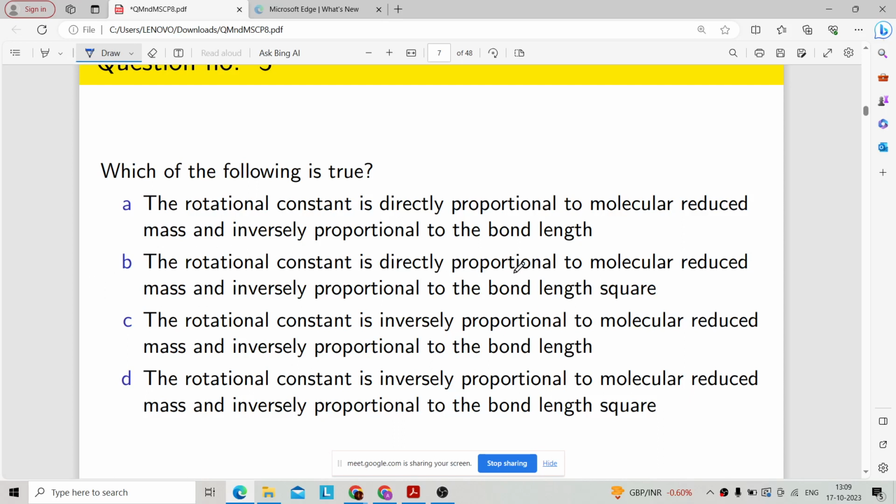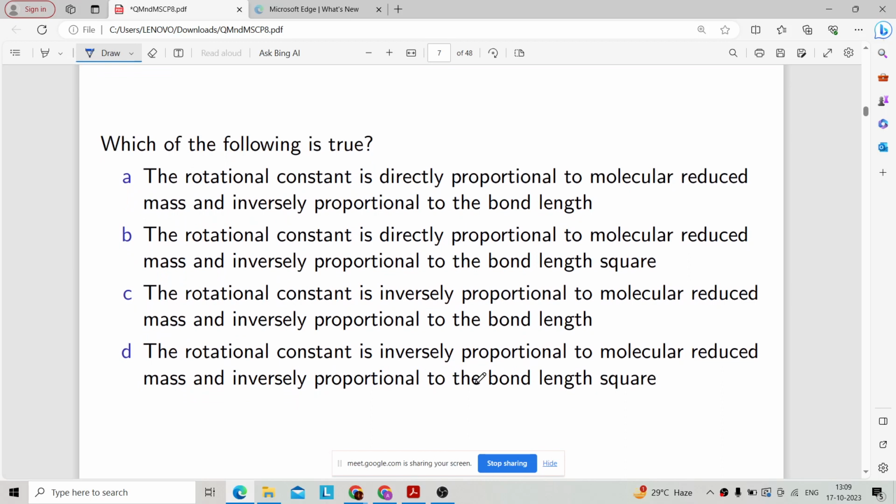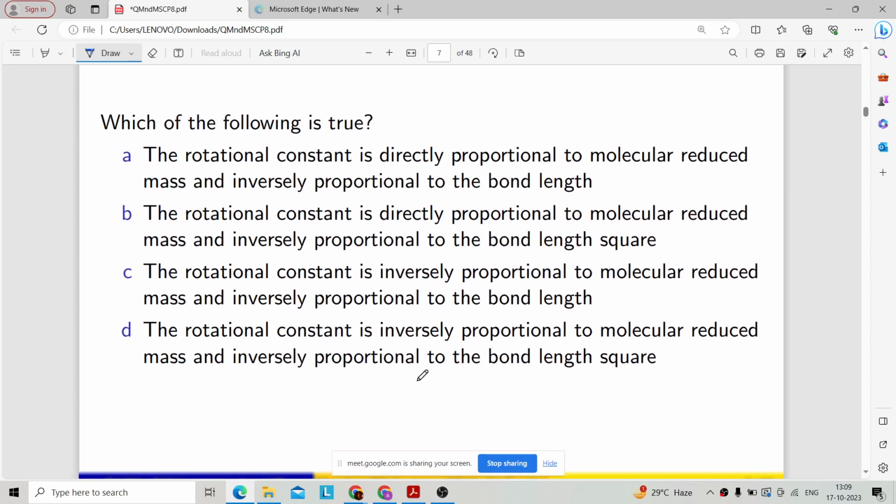Or the rotational constant is inversely proportional to the molecular reduced mass and inversely proportional to the bond length.